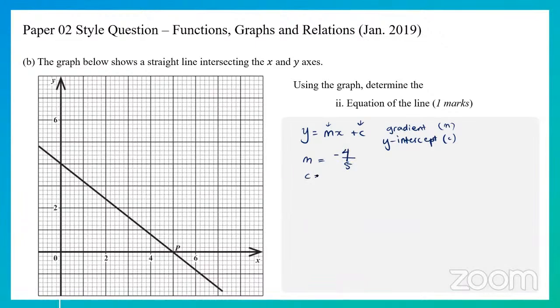Now we are trying to find the value of c. To find the value of c using your graph, all you need to do is see where the line meets the y-axis, hence the name y-intercept. So our line meets the y-axis right here, our y-axis being this vertical line going upwards. So it meets the y-axis right there.